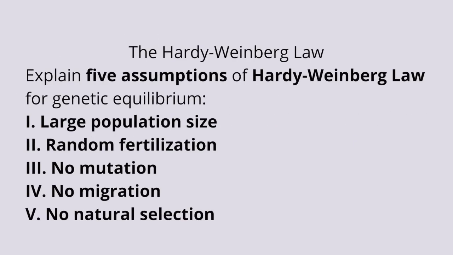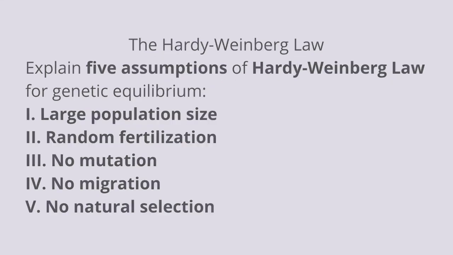There are 5 assumptions or conditions for Hardy Weinberg. Number 1, large population size. Number 2, random fertilization or random mating. Number 3, no mutation. Number 4, no migration. Number 5, no natural selection.